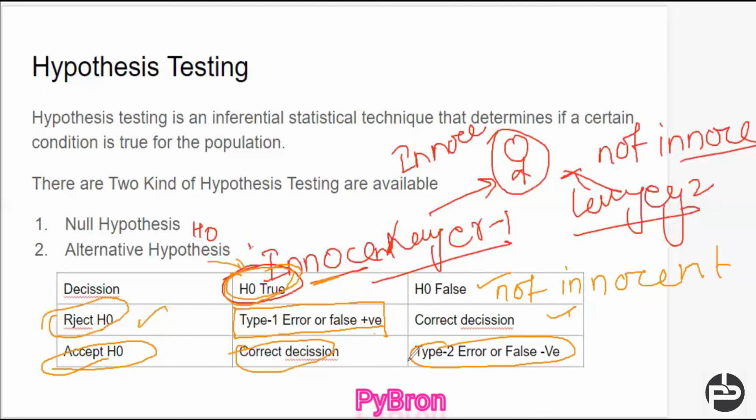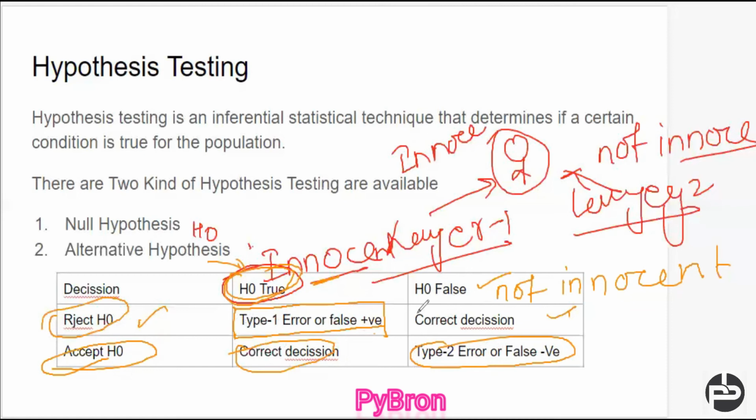Which one is more dangerous in case of hypothesis testing? In my opinion, based on my knowledge and experience, I can say type 1 error or false positive error is more severe than type 2 error. Why?